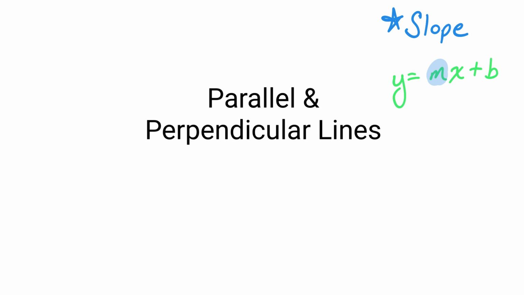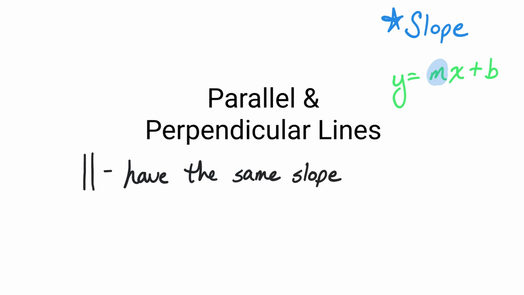Parallel and perpendicular lines. Parallel lines, the symbol for parallel is two vertical lines just like this. Parallel lines have the same slope. And perpendicular lines have opposite or negative reciprocal slopes, however you want to write this.